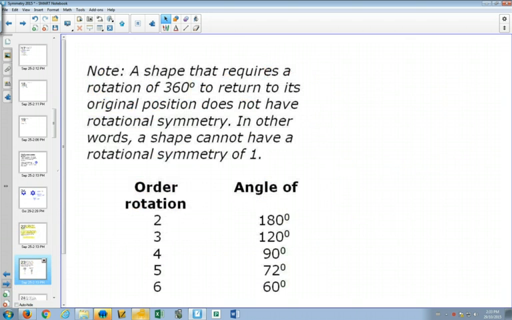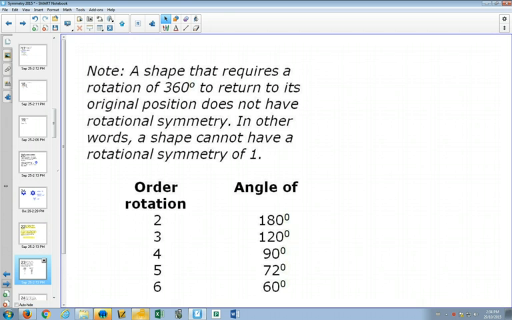So we say that a shape that takes all 360 to get back does not have rotational symmetry. So it can't have a rotational symmetry of 1.